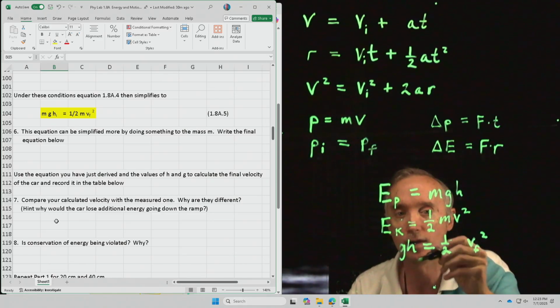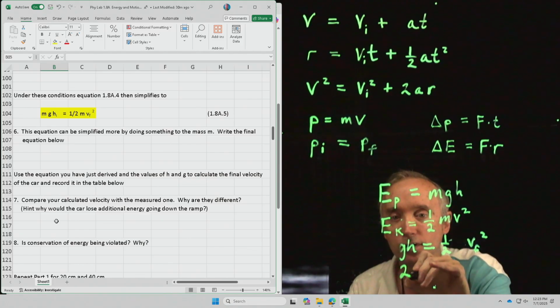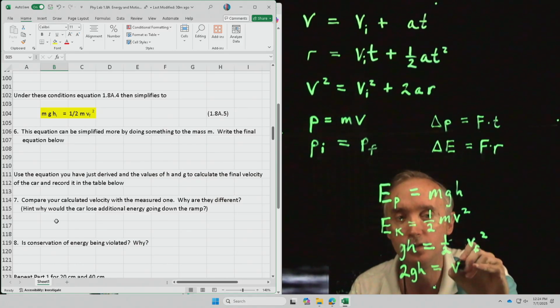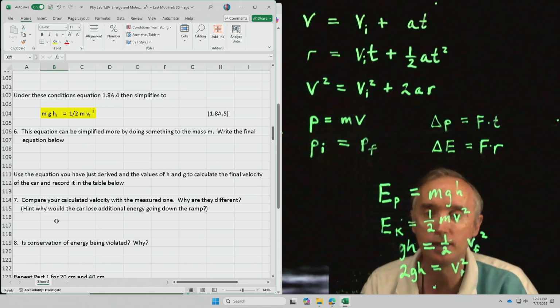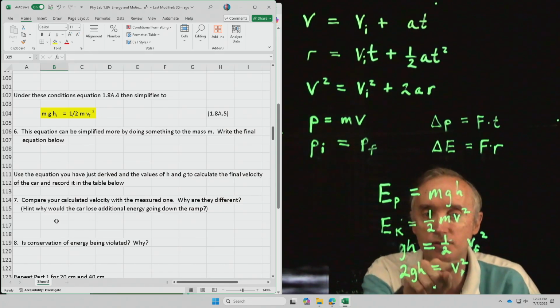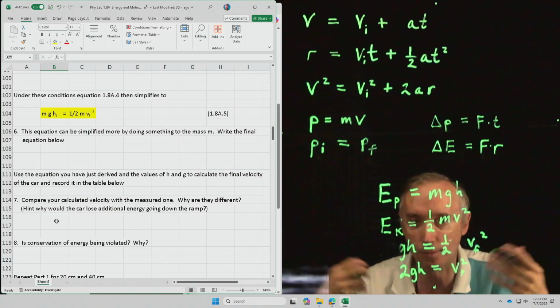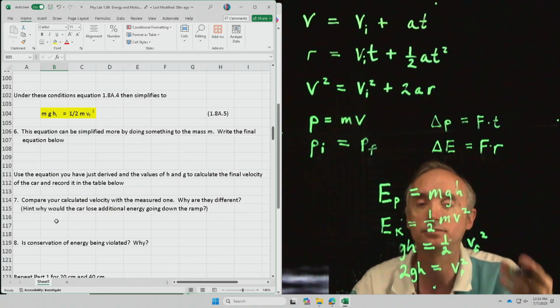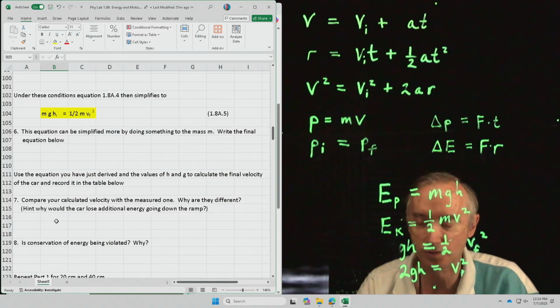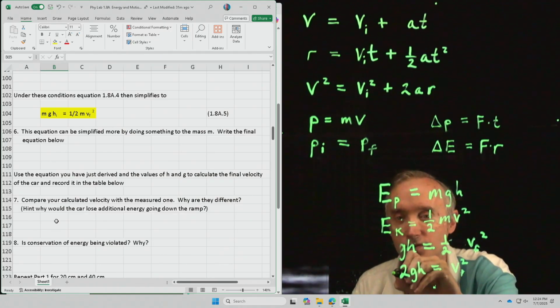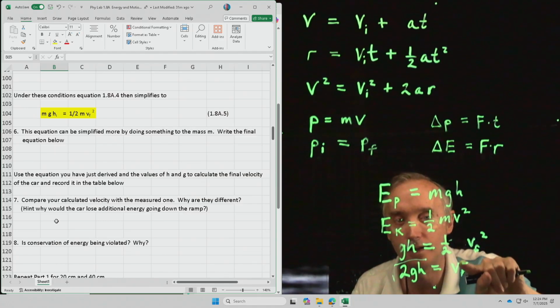So now we're going to have 2gh is equal to v final squared. And then what do we need to do? If this is squared, what's the opposite of a square? Okay, I don't want to give everything to you here. Square root. All right, so you're going to take the square root of this, and now you've got that.